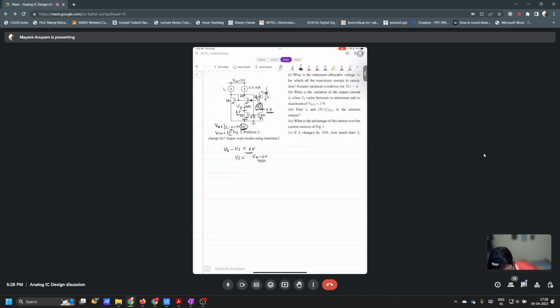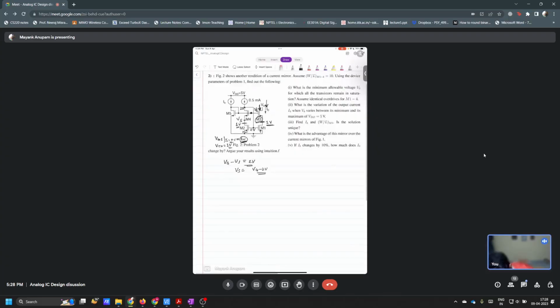So what is the minimum value that you can have at VG? Who will govern that? If this voltage starts to go down, clearly this VS will also start to go down, right? Because 0.5 milliamps has to flow through this transistor, correct?